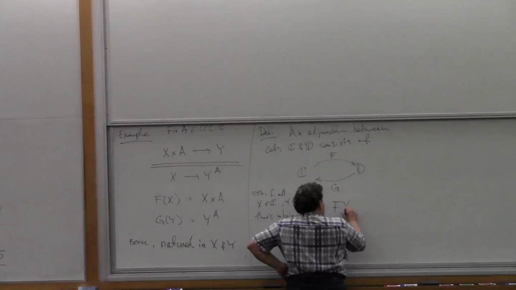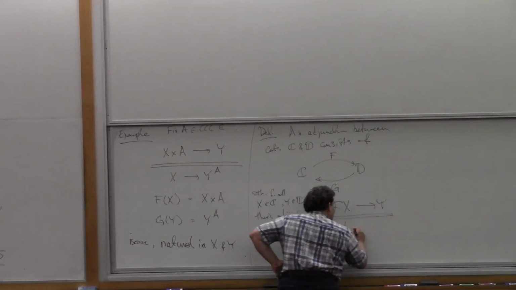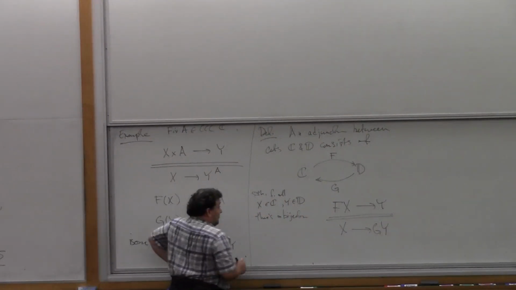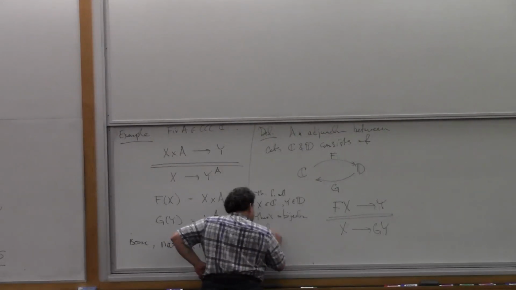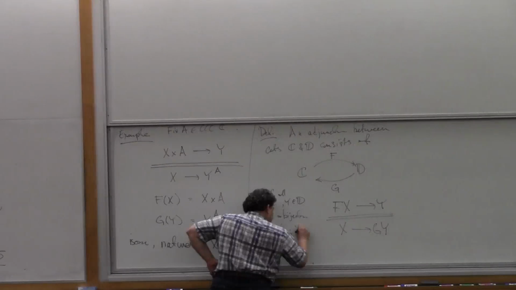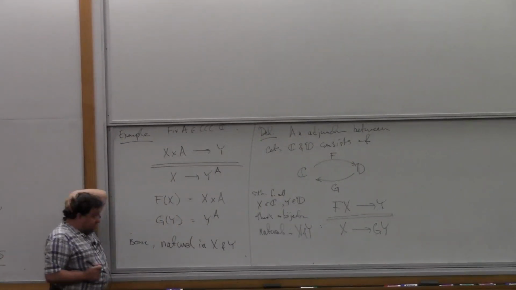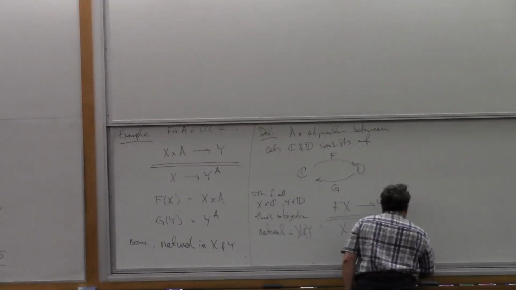F of x into y corresponds bijectively to x into G of y. And moreover, it's a bijection, it's natural in x and y. Good. So that's the definition of an adjunction.